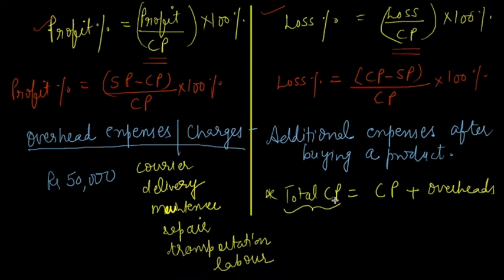Okay, I hope this is clear. Overheads are the additional expenses which we pay in any of these forms on the item which we have bought. So first we have to calculate the total CP by adding these overhead charges to the given CP.